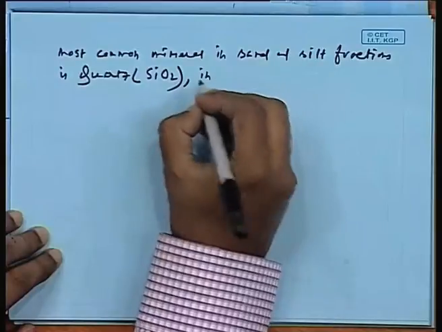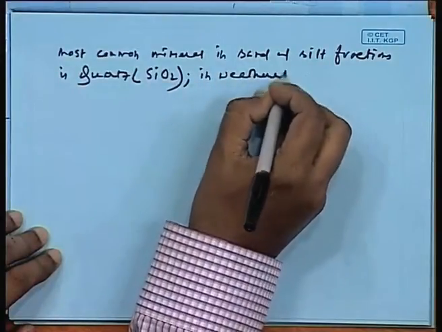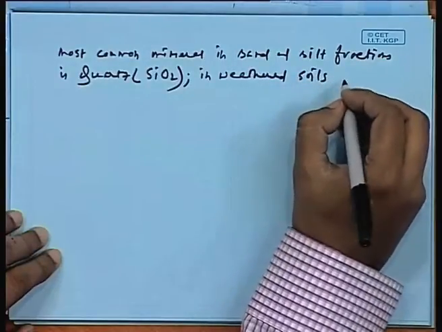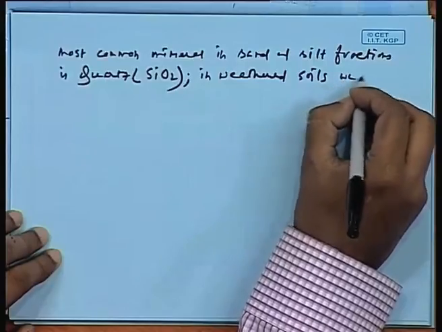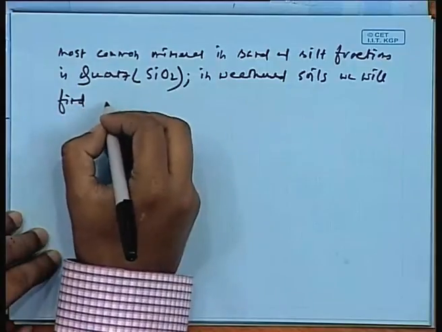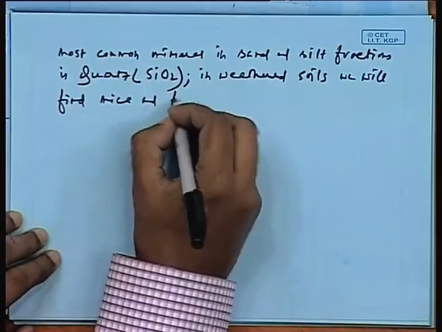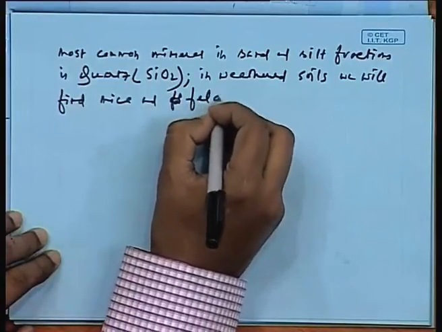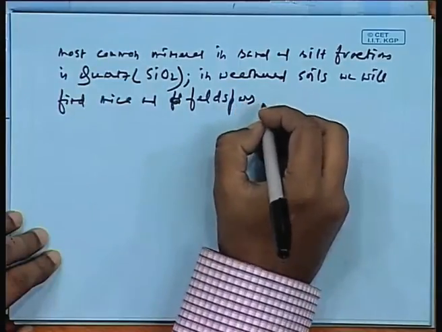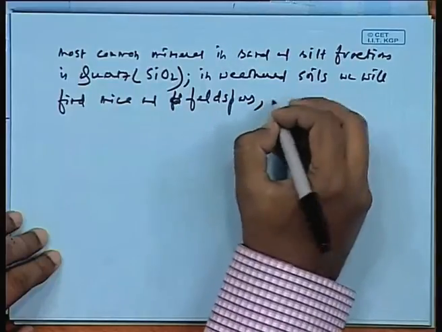In weathered soils, we will find mica and feldspars.